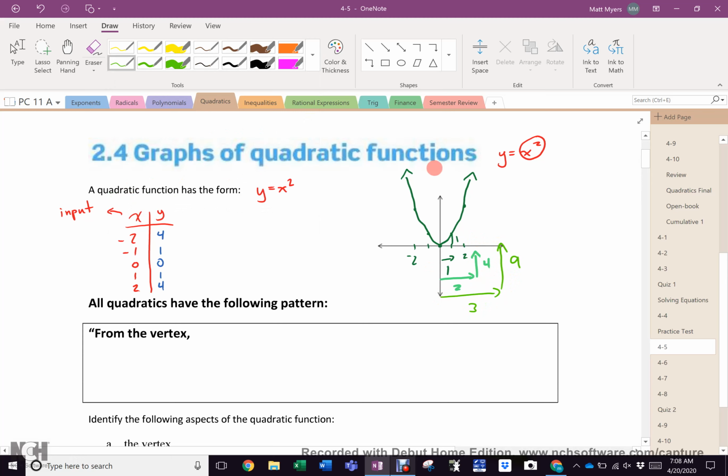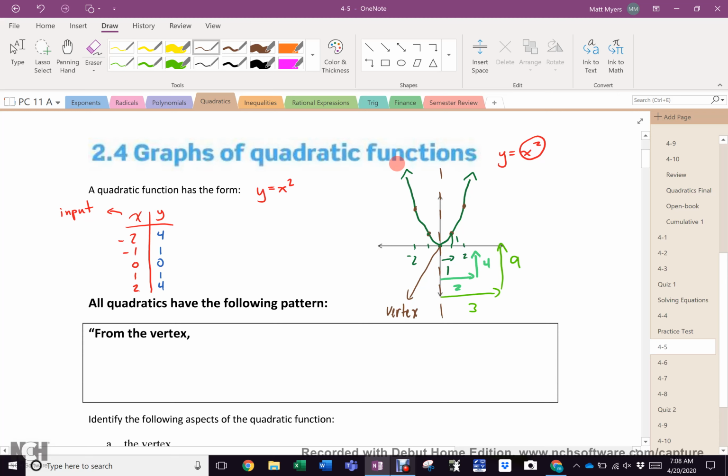And then you notice that right through this line that goes right through the middle, and that middle is the vertex, you will notice that every y value on the right is reflected on the left in exactly the same spot. +1, +1, +4, +4, +9, +9.